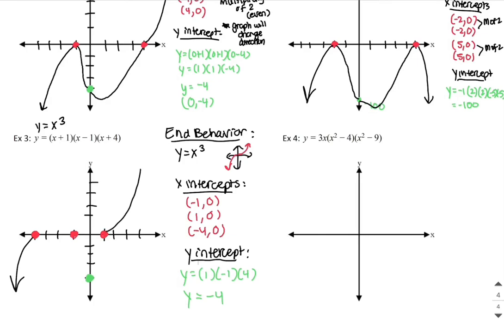For my rightmost point, I should be going upwards. Odd power, different directions I should be going in on each end. Then from there, actually, I'm gonna edit this because of the way I graphed. All right, and then from there, I should be going through all the points.